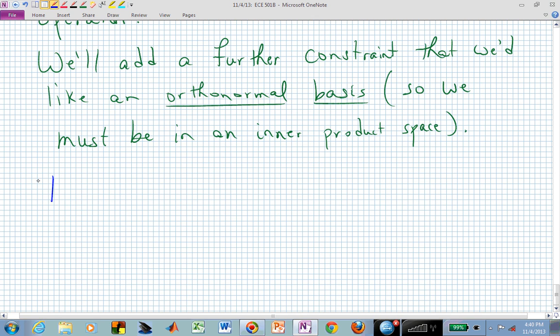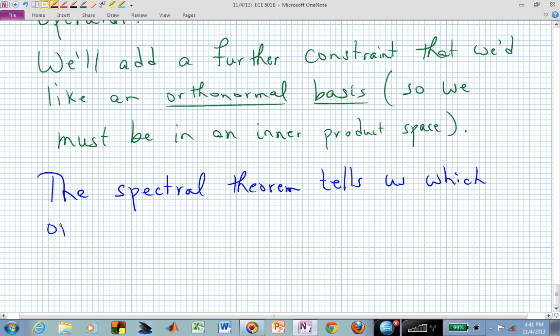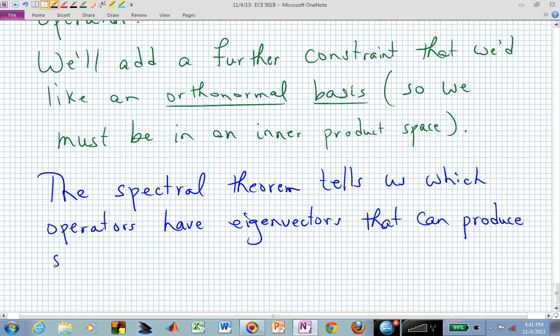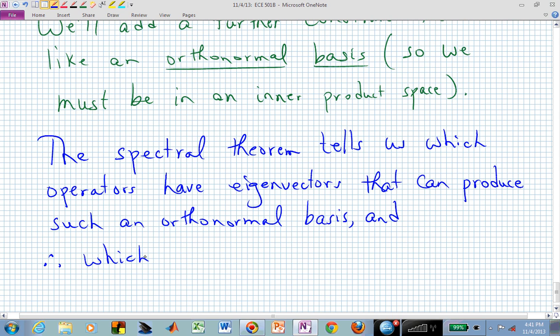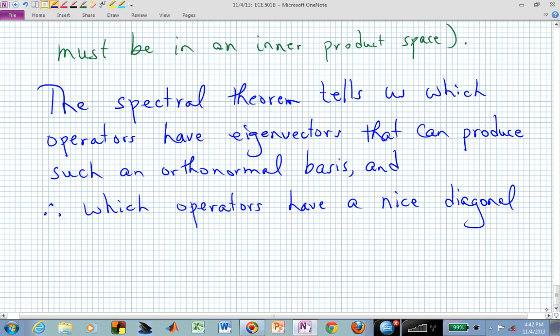And this spectral theorem actually tells us which operators have eigenvectors that can produce such an orthonormal basis, and therefore which operators have a nice diagonal representation.